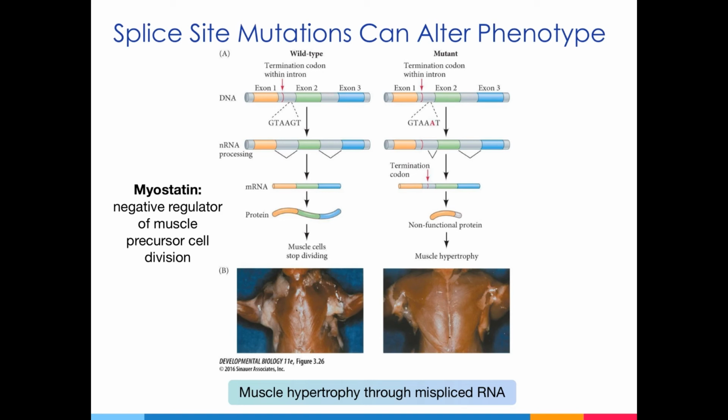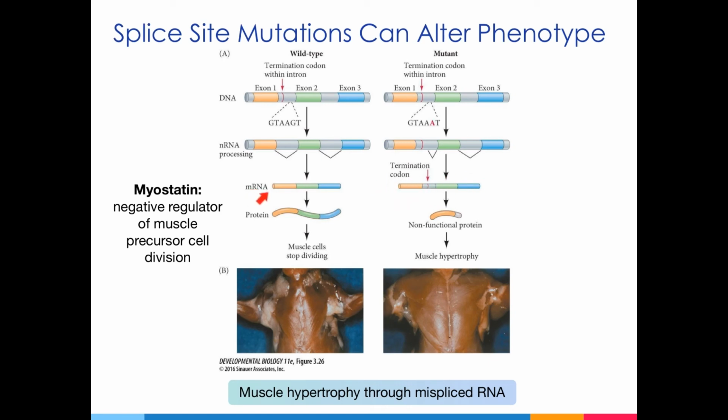Mutations within introns can also affect gene expression by creating new splice sites. In this particular example, a mutation creates a new splice site, and this is within the gene myostatin, which acts to inhibit muscle growth. Now, because of this new splice site, part of the intron is retained in the messenger RNA.